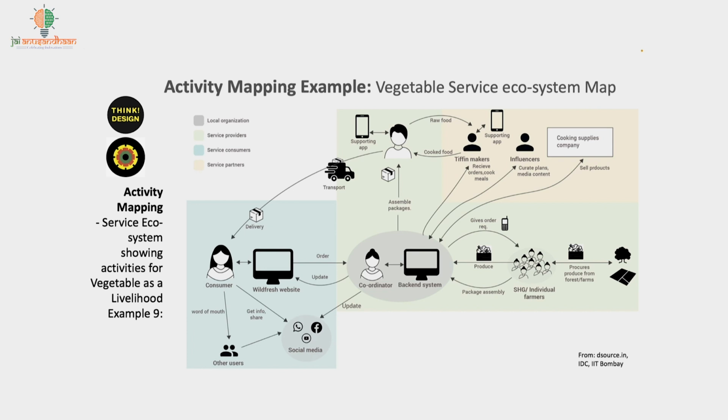So the ecosystem, if you look at it, parts of it are shown here, and the interconnectedness is very clearly shown. You can digitize this aspect of getting vegetables right from the place where they are grown to the place where they are consumed. As a livelihood, this becomes a very nice example of an activity.